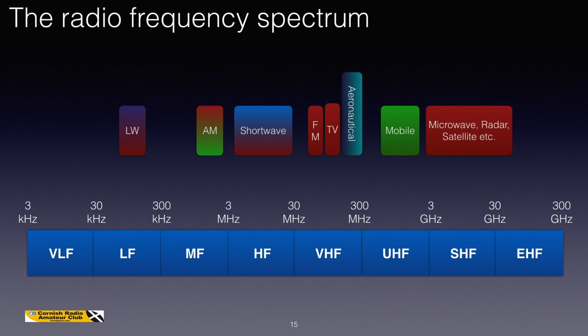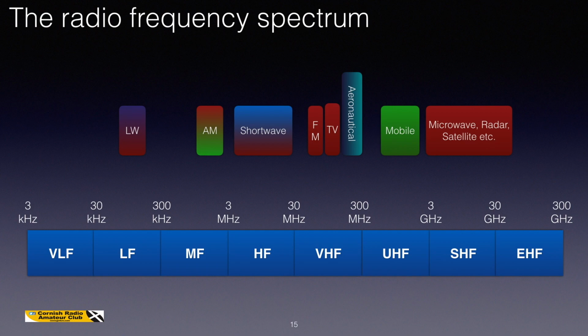So starting at the bottom on the left, it's very low frequency, medium frequency, high frequency, very high frequency, ultra high frequency, super high frequency, and extremely high frequency. And above it, you can see the band edges for these designations. So for example, we can say that HF is from 3 MHz to 30 MHz, and VHF is from 30 MHz to 300 MHz.